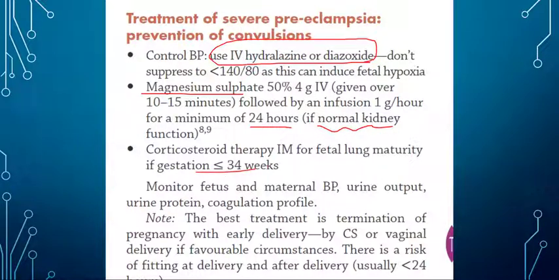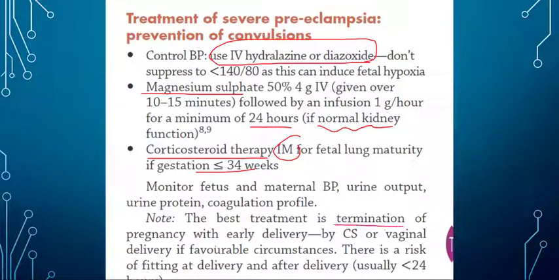If the gestational age is less than 34 weeks, then you will also need to give a steroid injection, IM, for fetal lung maturity. So this is the main treatment for preeclampsia: control blood pressure, prevent the convulsion, and if the patient is less than 34 weeks gestational age, also give a steroid.